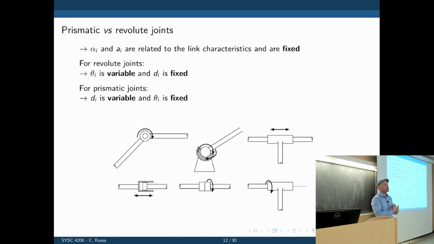They don't change as the robot operates. For prismatic joints, such as these ones that are translating, you can clearly see that if a translation occurs, then the angle is now fixed, but the translation D is the one that will change during operation. Okay?